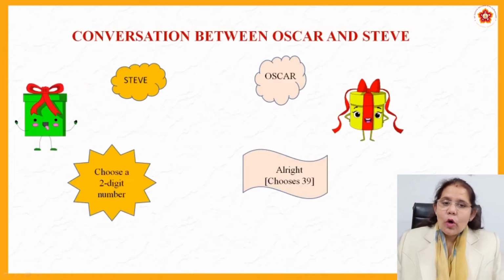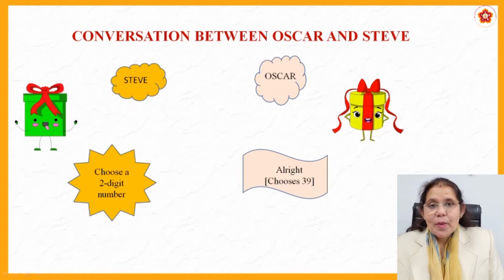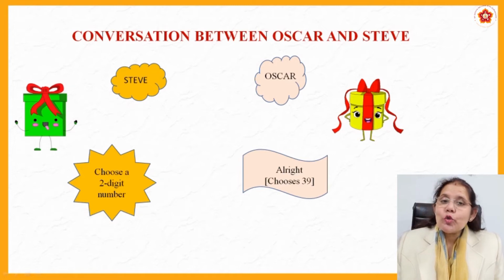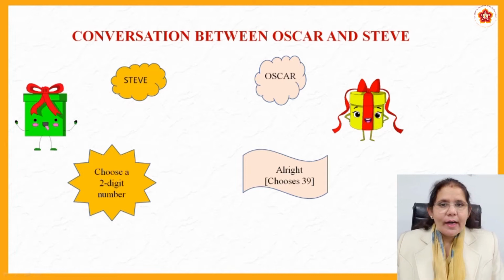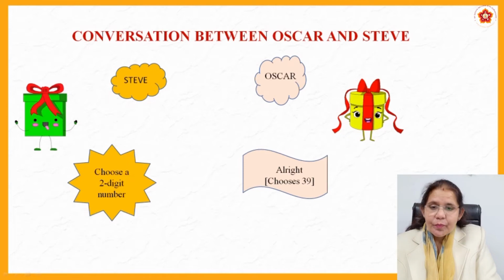Steve told Oscar to choose a 2-digit number, and it was also specified that whatever you choose, do not tell it to me. Oscar readily did what was asked. She thought about a number and she chose the number 39 and did not share it with Steve.